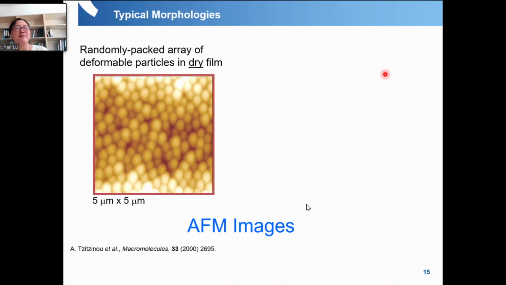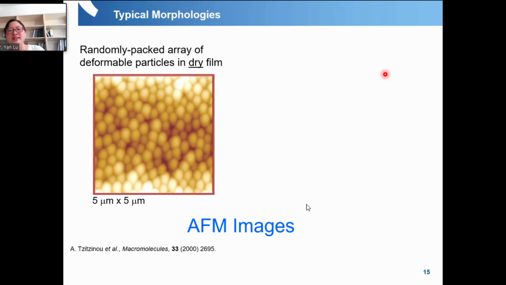Especially when you have a homogeneous film, and the glass transition temperature of this film is lower than room temperature, you have a very homogeneous thin film. If you do scanning electron microscopy, you see a very flat, smooth surface. Because your particles are totally deformed, you do not have any contrast, and you can see nothing from the electron microscope.